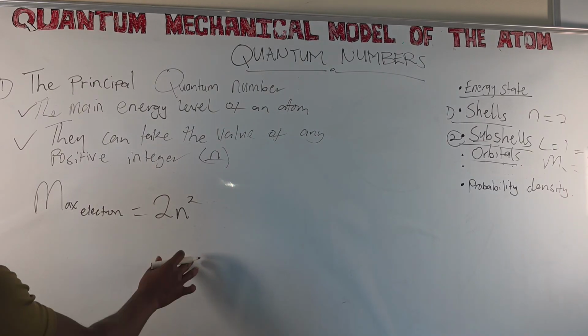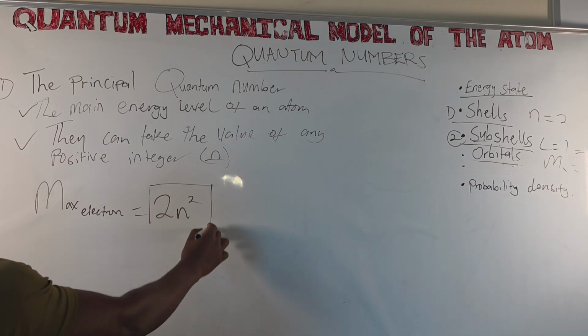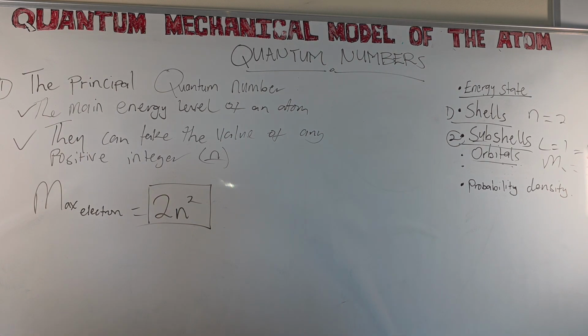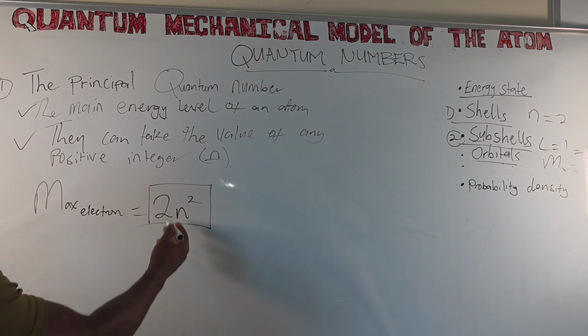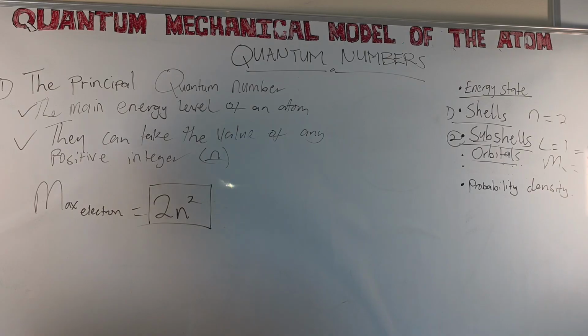Now we could try to prove this equation, but it is interwoven with the other quantum numbers. So what I would suggest is to memorize it, and maybe come up with a mnemonic. So 2n squared is the maximum amount of electrons that it can take.